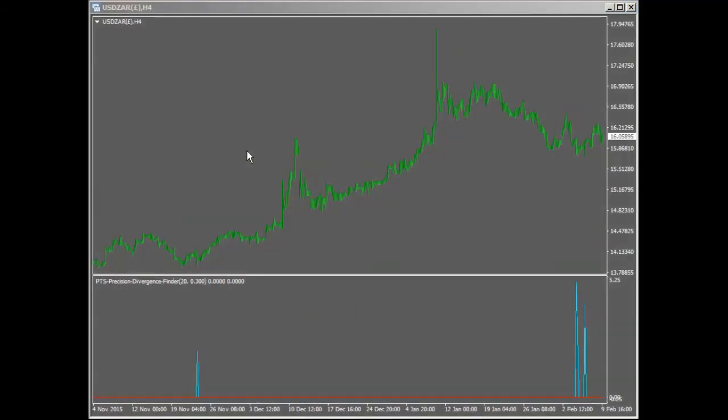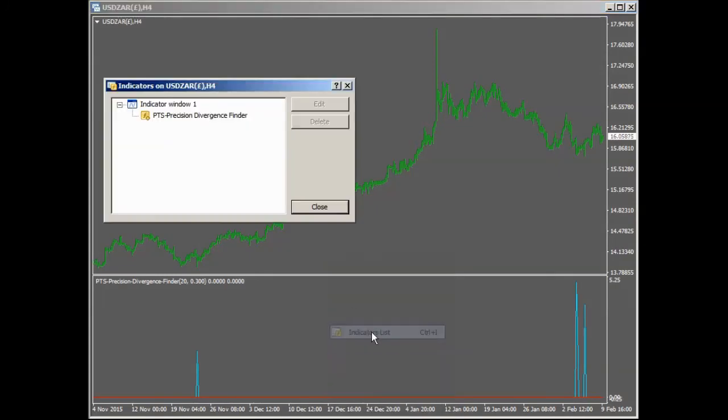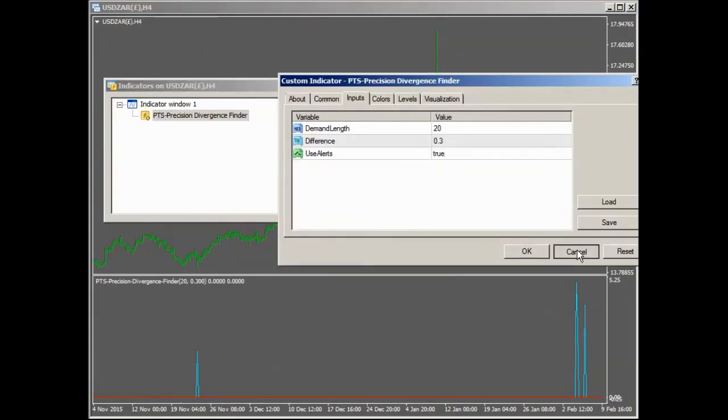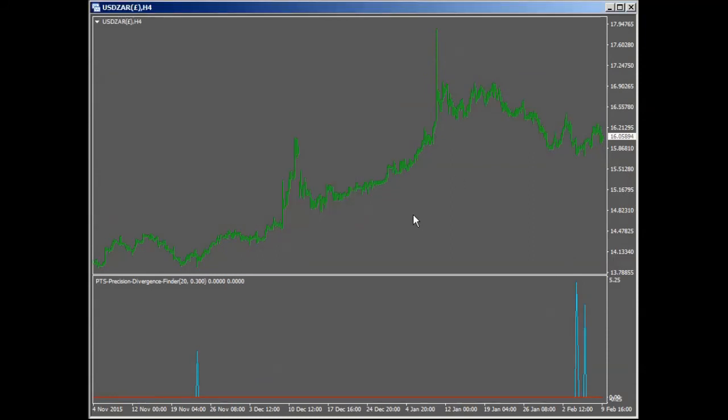It's a 4-hour chart of the US dollar against the South African rand, and I've set the length to 20, and the difference we're looking at is 0.3. There's these two signals here where there's been a tiny move up. Obviously that's present day, so I don't know what's going to happen.